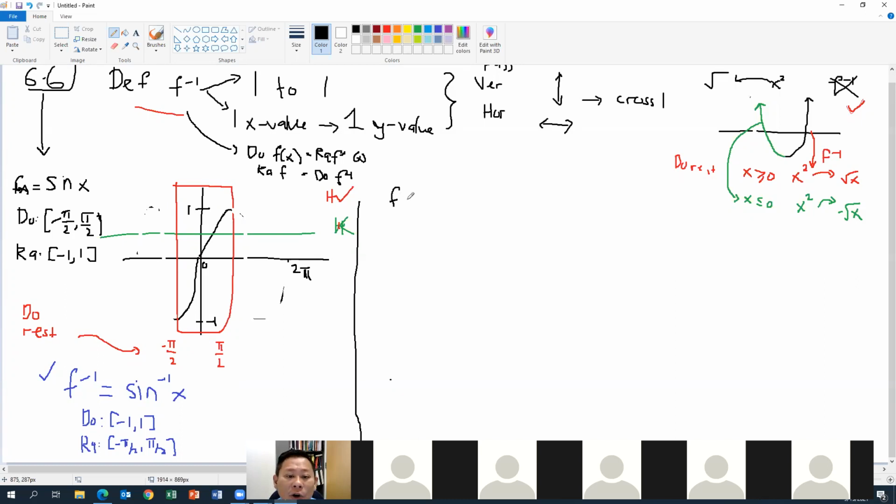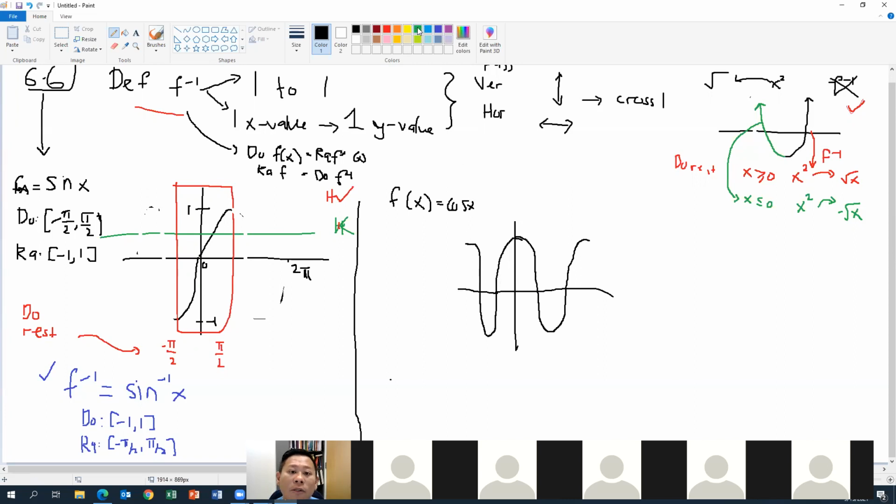So let's talk about your cosine graph. Your cosine graph is the whole wave. Again, if you apply the horizontal line test, it fails because it crosses multiple times, not just one time. So we have to restrict the domain.